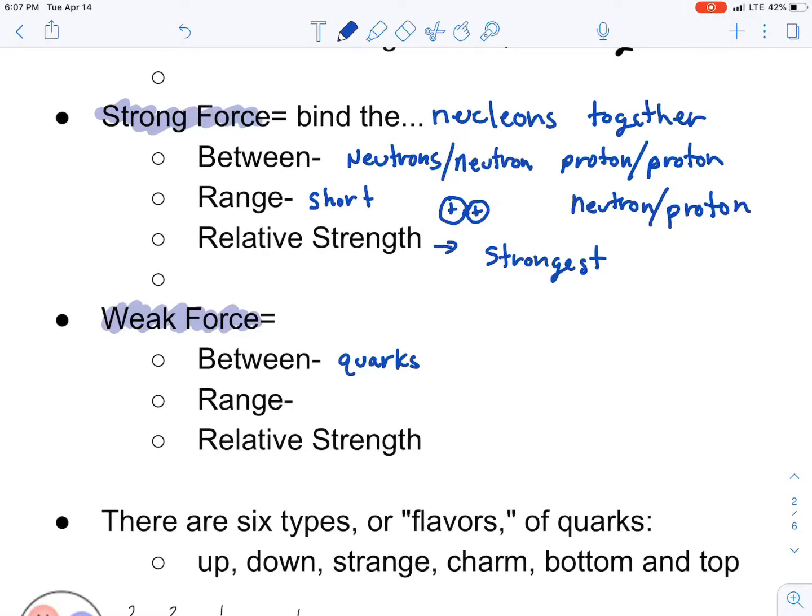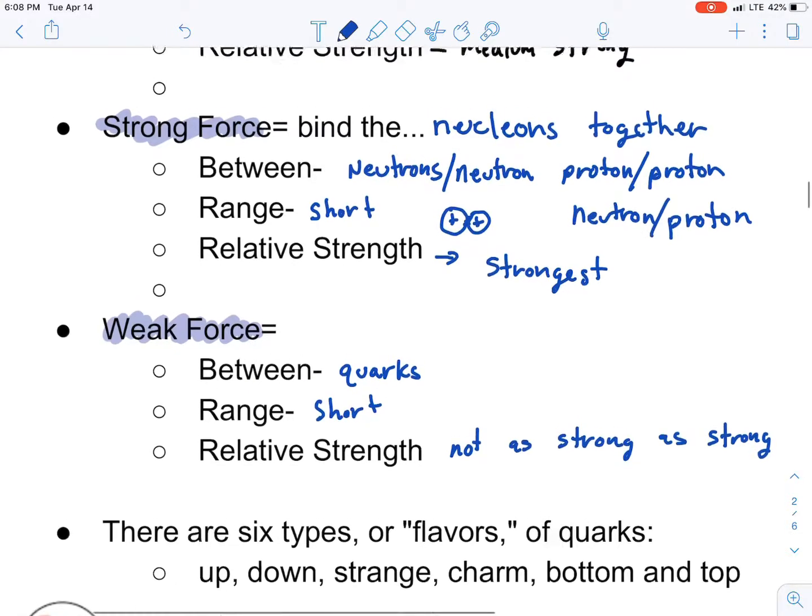Its range is also short, right? And it's not as strong as the strong force. It's okay. All right.